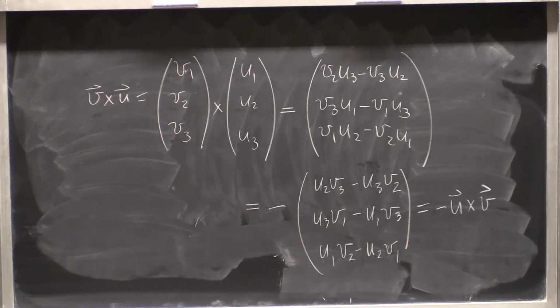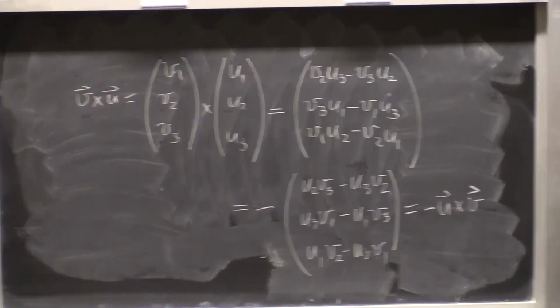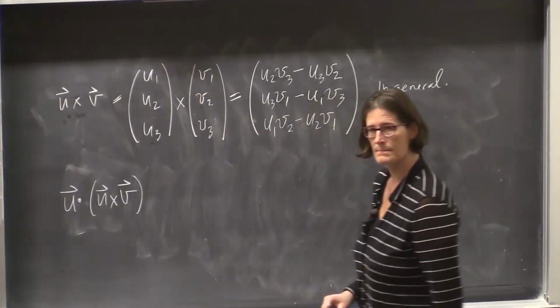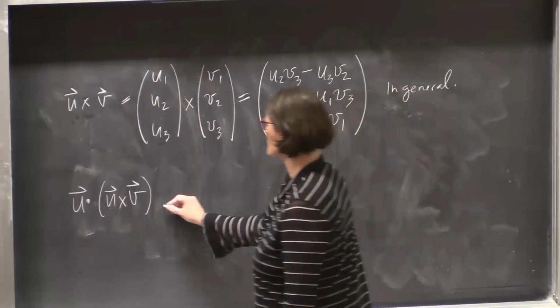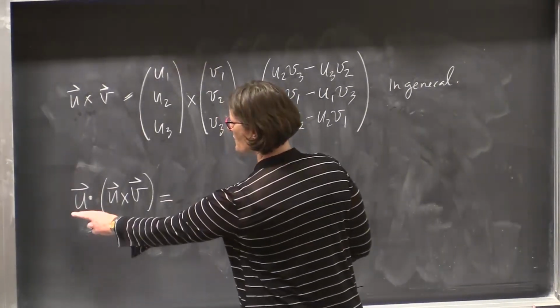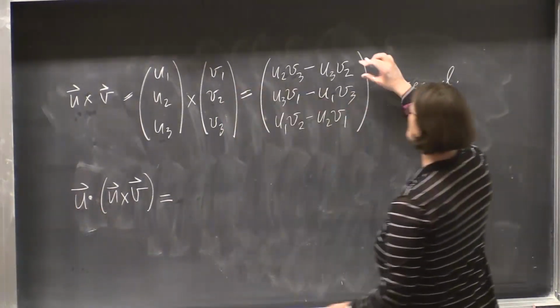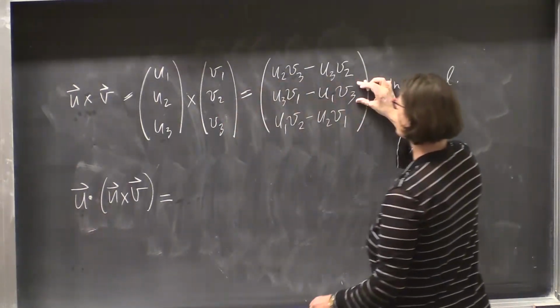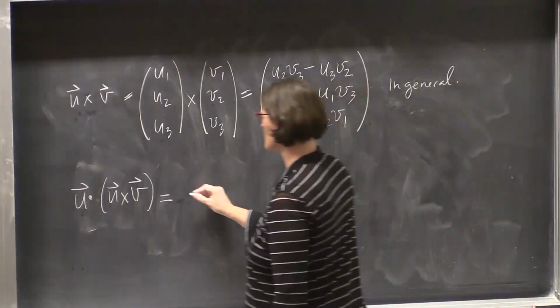And now, as a last one, let's just check the orthogonality. So let's compute u dot producted with u cross v. So that is first component of u times first component of the cross product. Second component of u times second component of the cross product, and so on.